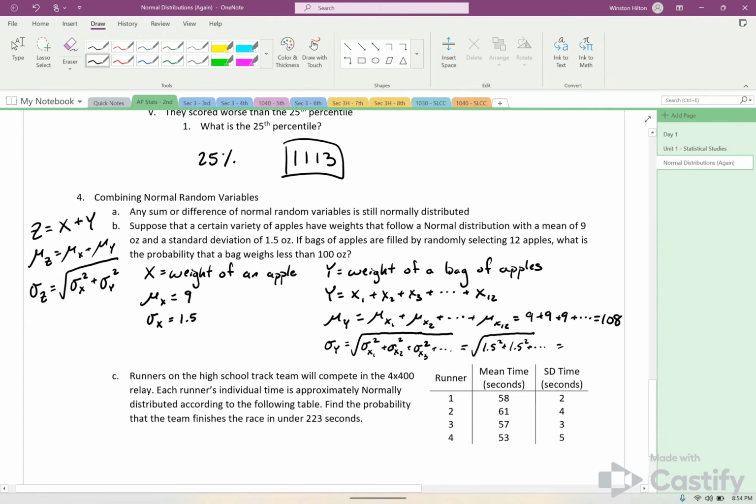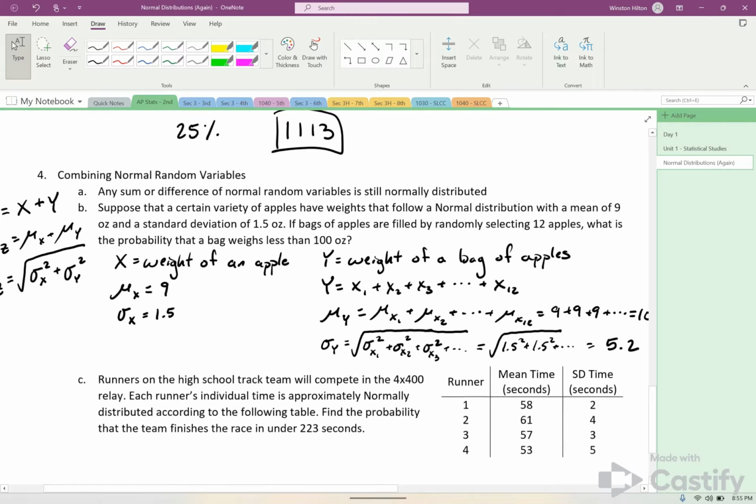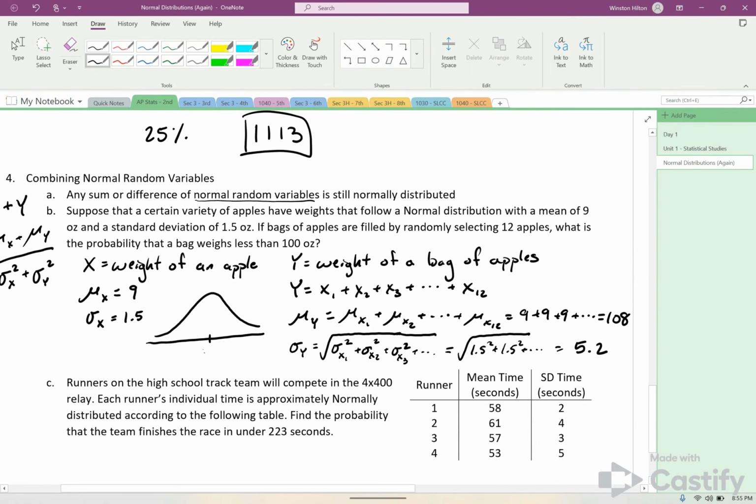If you type that into a calculator, you get about 5.2. Okay, so y is still going to follow a normal distribution because it's the sum of normal random variables. It's going to have a mean of 108 with a standard deviation of 5.2.